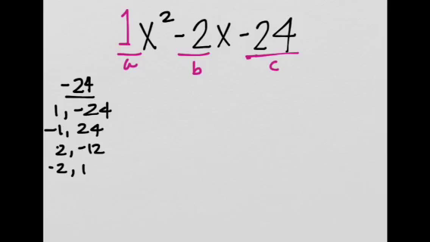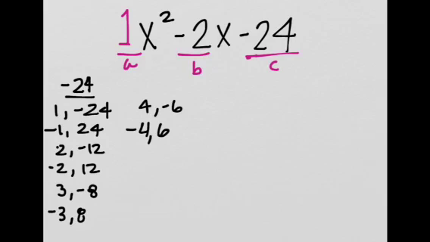Negative 2 times 12, 3 times negative 8, negative 3 times 8, we have 4 times negative 6, and we have negative 4 times 6. So we have a pretty long list of factors, but if you can get them all down, you'll have a better chance of figuring out which combination gives you your b term that you're looking for.